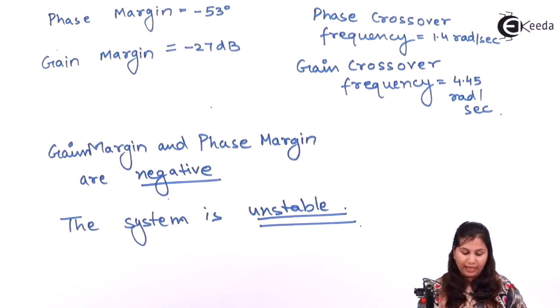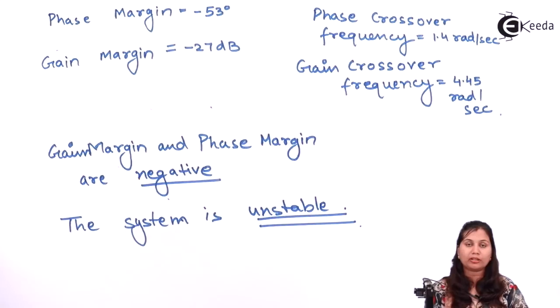Whenever we have such questions where we have to sketch the Bode plot, we replace s by j omega, obtain the frequency response of the transfer function, then obtain the magnitude and phase equations, and form the tables for the magnitude plot and the phase plot.